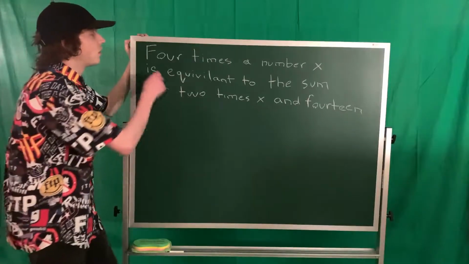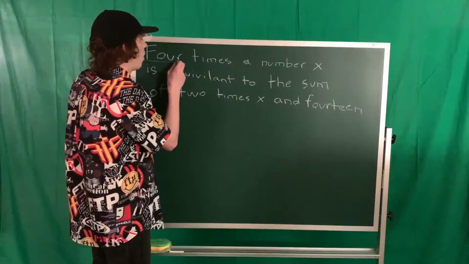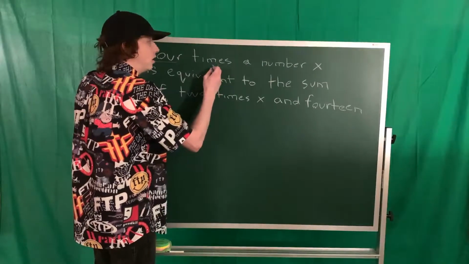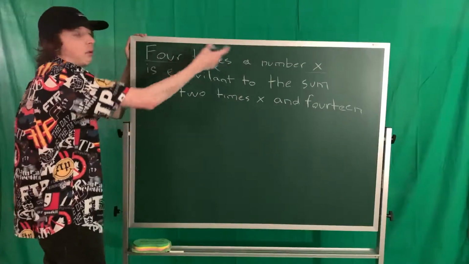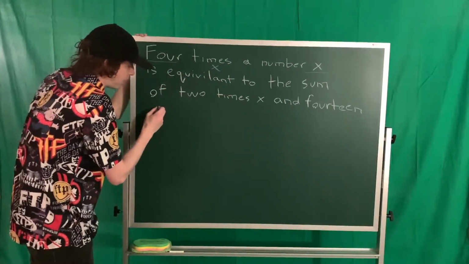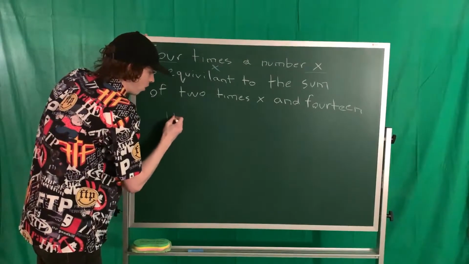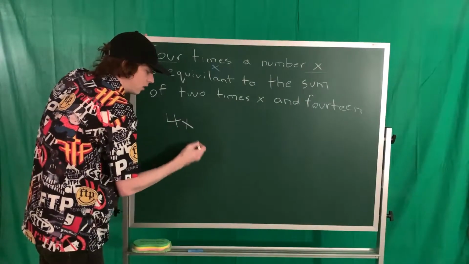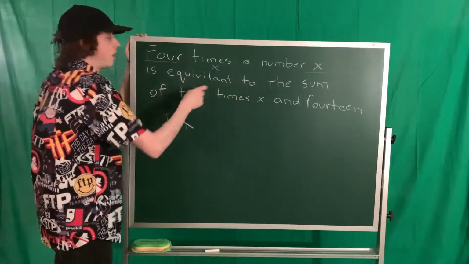So here we see 4 times a number x, so we know that it's being multiplied, and I would write that out as 4x.